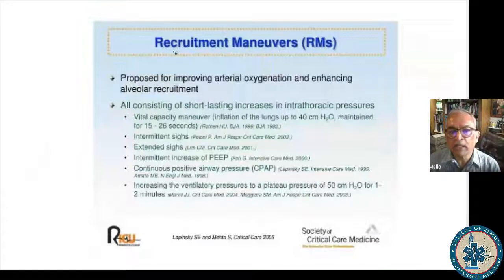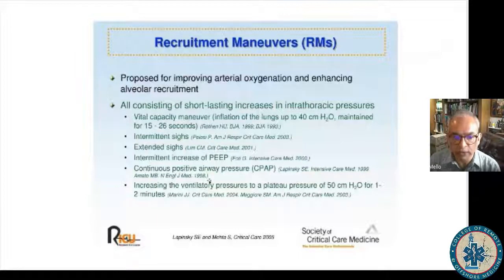There is another phenomenon about ventilating patients called the recruitment maneuver, which is really a way of improving arterial oxygenation and enhancing alveolar recruitment. And the way we can do it in an austere environment is basically attaching the patient to a bag valve mask and giving a vital capacity maneuver, inflating the lungs up to 40 centimeters, maintaining it for 15 to 26 seconds.